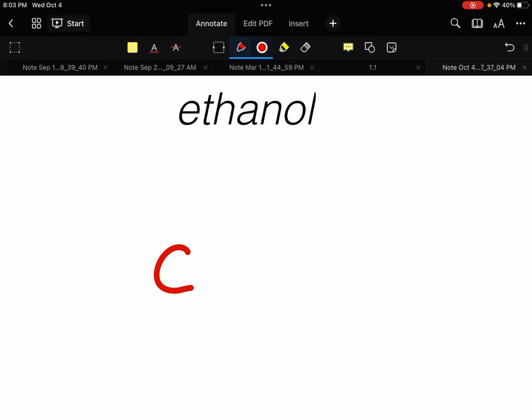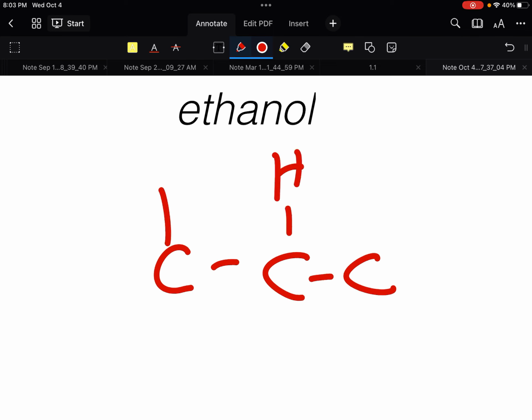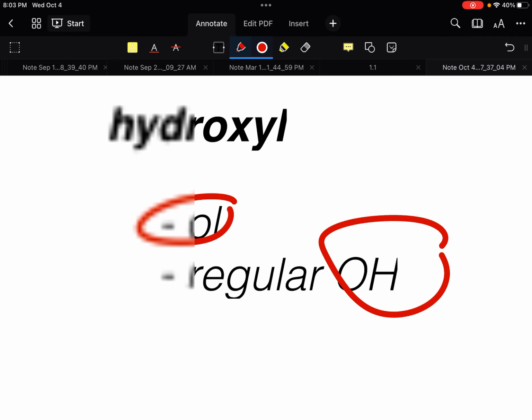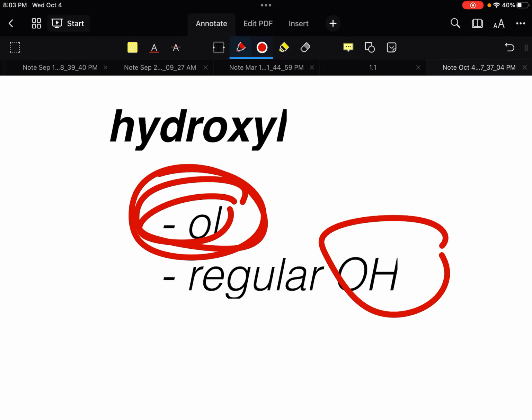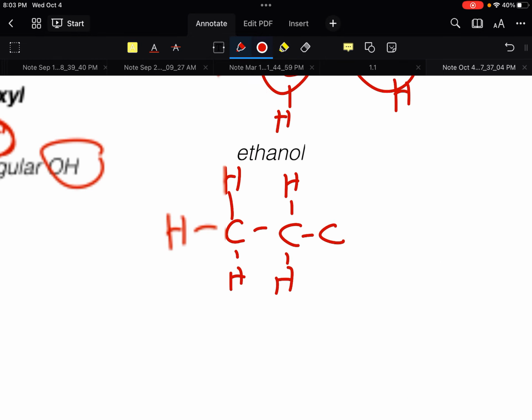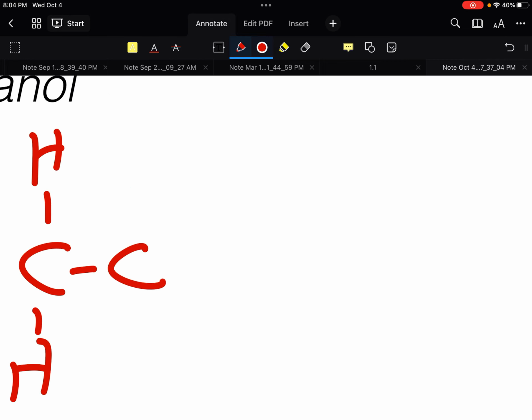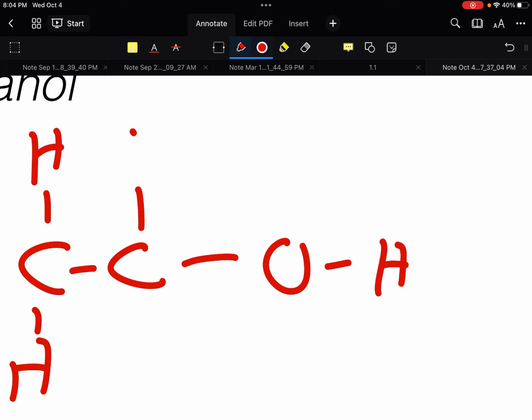It's still the same thing, 3 carbons. But what's special about the hydroxyl group is that there's an OL at the end. Oh, there's an OH, just a regular OH at the end. So OH, H.